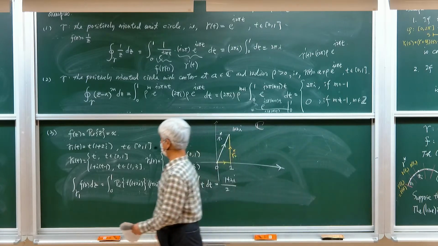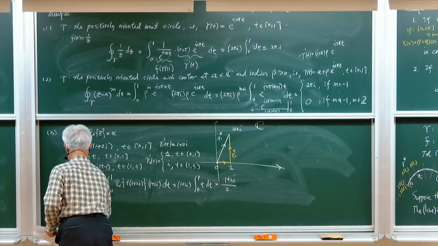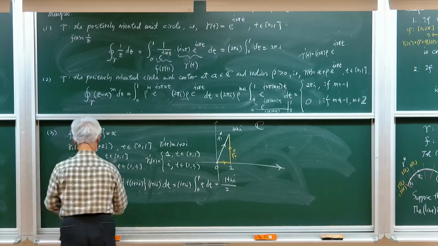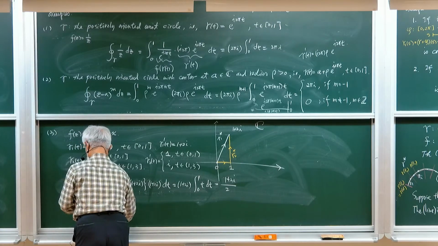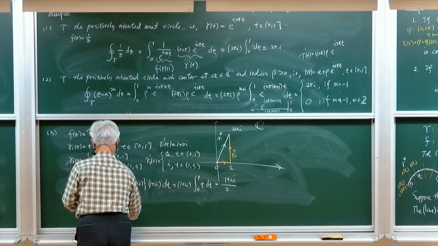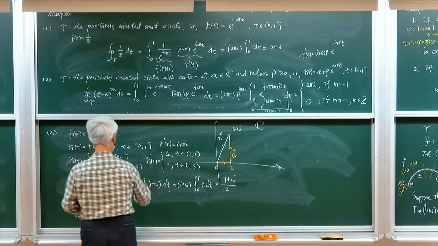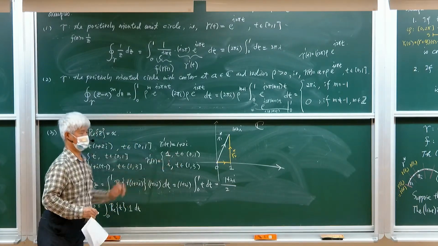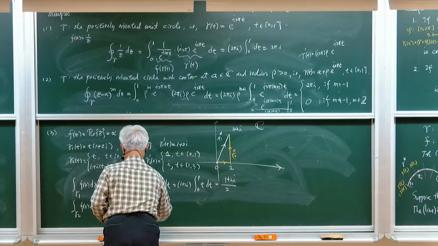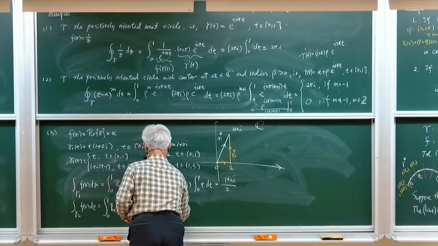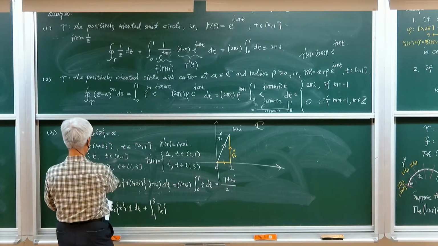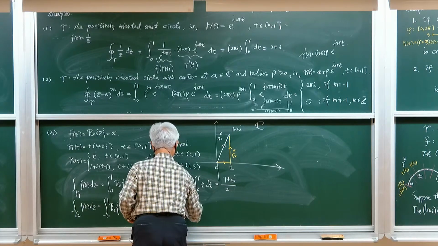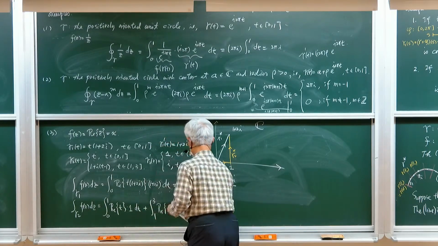The other, the integral along gamma 2 of f(z) dz. So this will be the real part of t, times 1, dt. So this is the first segment. The other piece is from 1 to 3, and the real part of 1 plus i(t minus 1), times i, times dt.